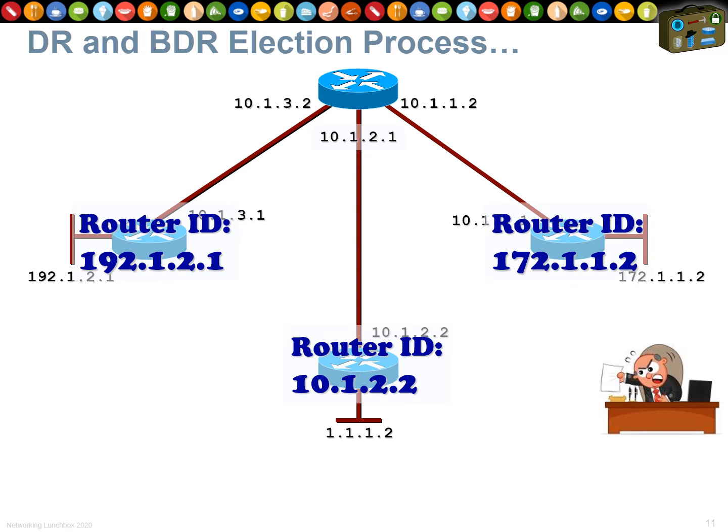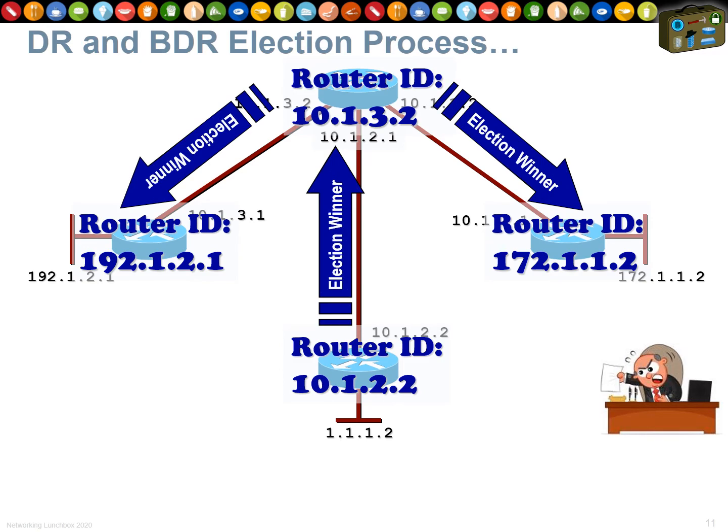So let's have a look at some router IDs. You all thought that the left-hand router ID was 10.1.3.1, didn't you? It's not. It's the highest IP address on any active interface. So what is the router ID of the top router? Now when you look at it, who's going to win the election?